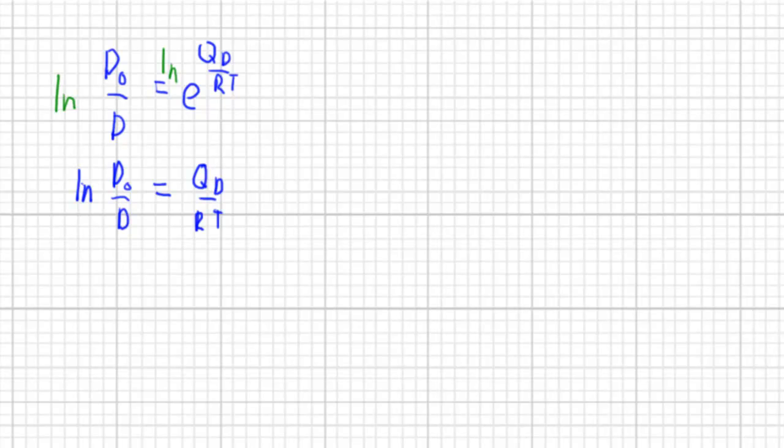Now I'm going to take both sides here and multiply by T. So on this side I get T times the natural log D naught over D equals, well, my T's cancel out here and here, so I should have QD over R. So to get T by itself, I'm going to divide through by the natural log of D naught over D.